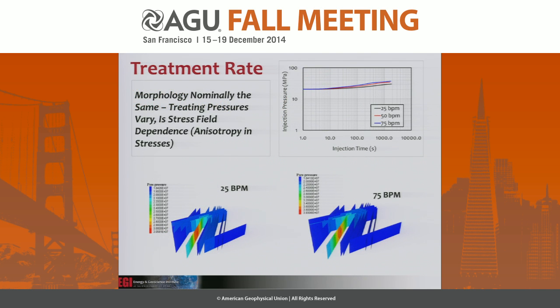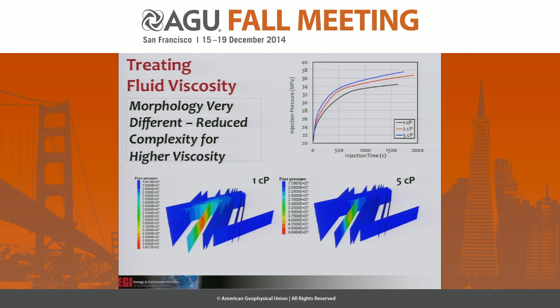Treatment rate, depending on the in-situ stress field, may or may not have a substantial influence, but it is something that can be impacted by specific geologic characteristics. Where one really sees a difference is in terms of viscosity of the fluids. Typically, if the fluid is even slightly higher viscosity, going from straight water on the left to viscosified water on the right, you see a dramatically different pressure signature, and that's all we can work with as engineers, those pressure signatures, in terms of telling us what's going on, because that's what we see at the surface.